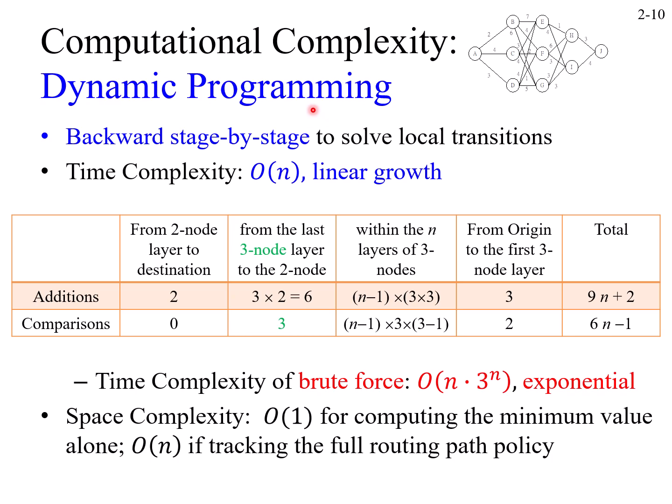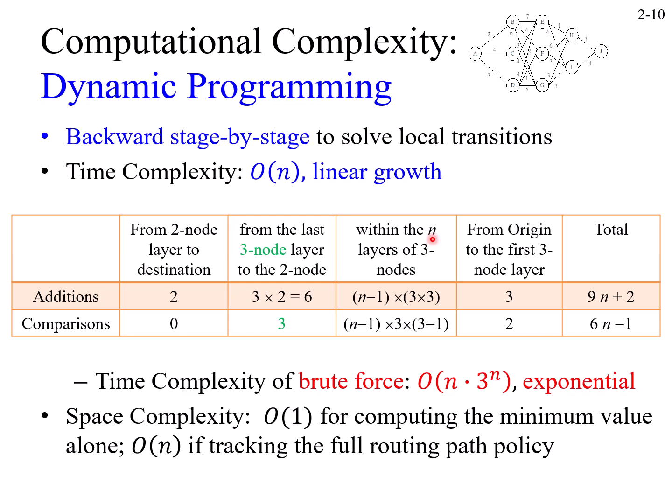The other one is dynamic programming, going backward stage by stage to solve local transitions. So from the two-node layer to the destination, we have 2 additions, right? From the last 3-node layer to the 2 nodes, we have 6 additions and 3 comparisons because we have 3 nodes.